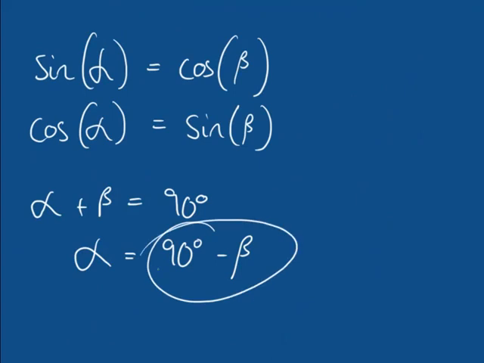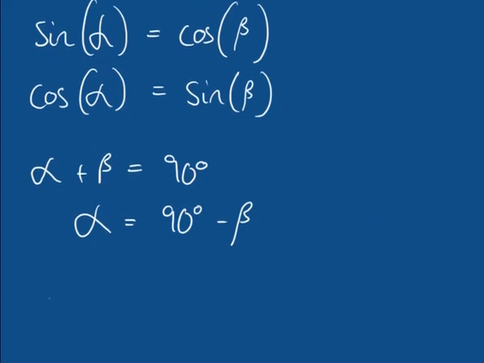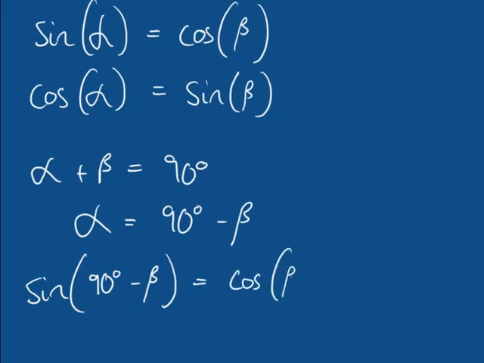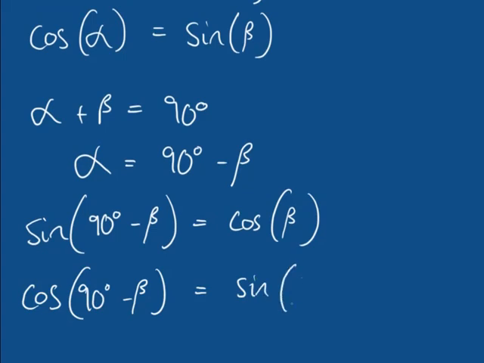So if we take this value that we know alpha is equal to and substitute it into both of our equations here, we can see that the sine of alpha, which we know would be the same as the sine of 90 degrees minus beta, so the sine of 90 degrees minus beta is equal to the cosine of beta. And the cosine of alpha, and we know alpha is 90 degrees minus beta, so the cosine of 90 degrees minus beta is equal to the sine of beta.